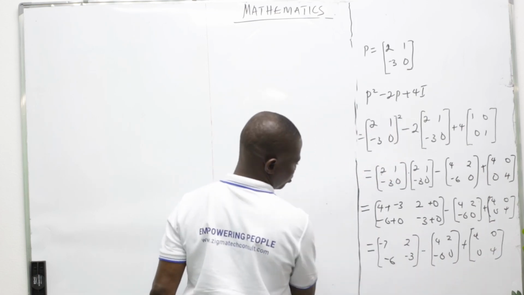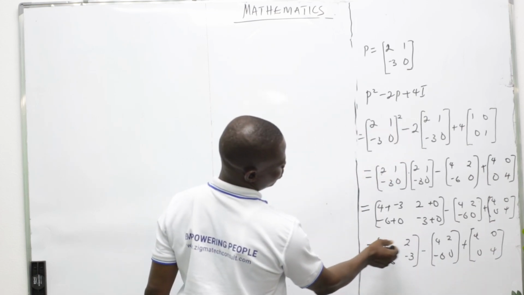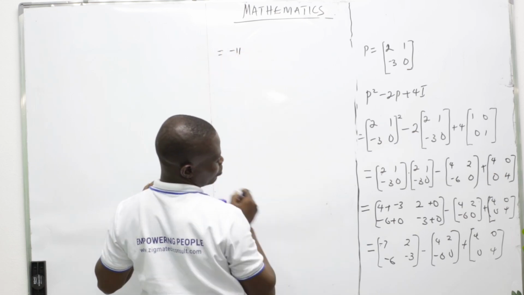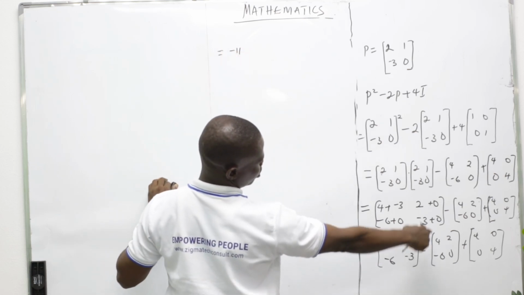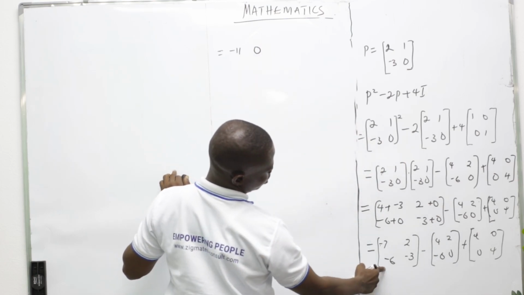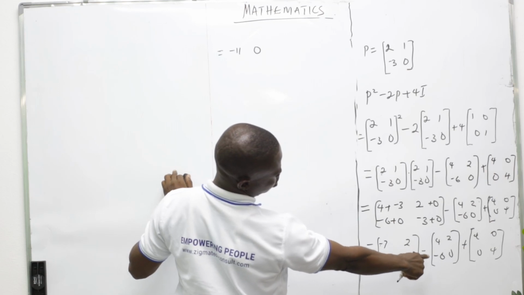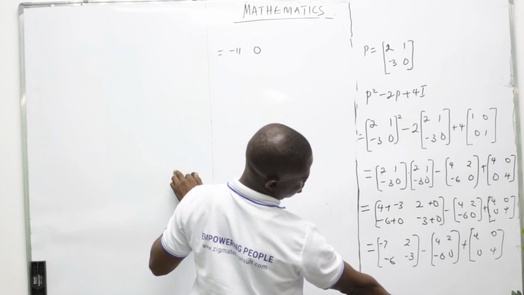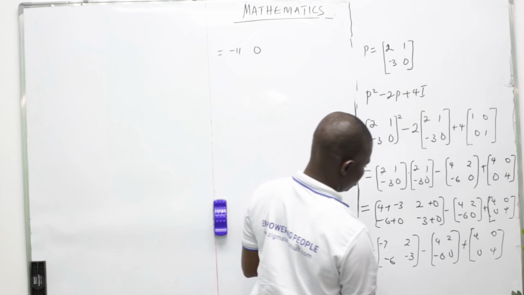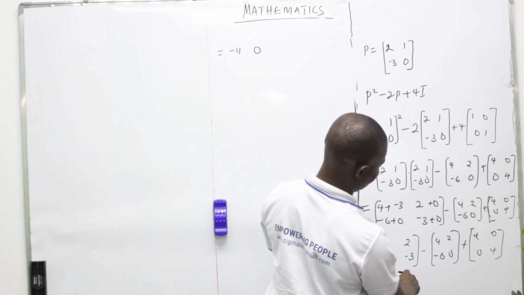So what do you have now? Minus 7 minus 4 is what? Minus 11. 2 minus 2 is 0. Minus 6 minus this minus 6.